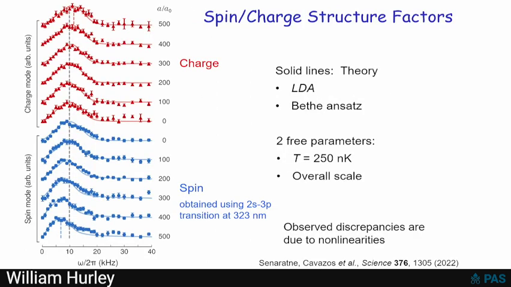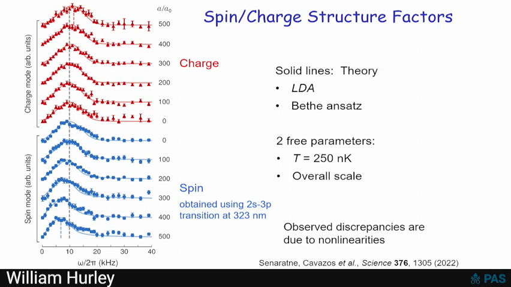So this is our data, and you can see that there's a splitting between the spin and the charge velocities, which is governed by the location of the peak of the distribution as a function of interaction strength. In blue are the spin degrees of freedom, in red are the charge.